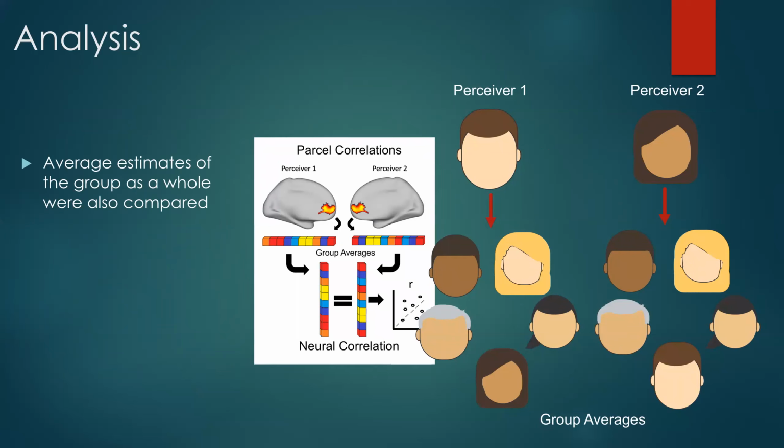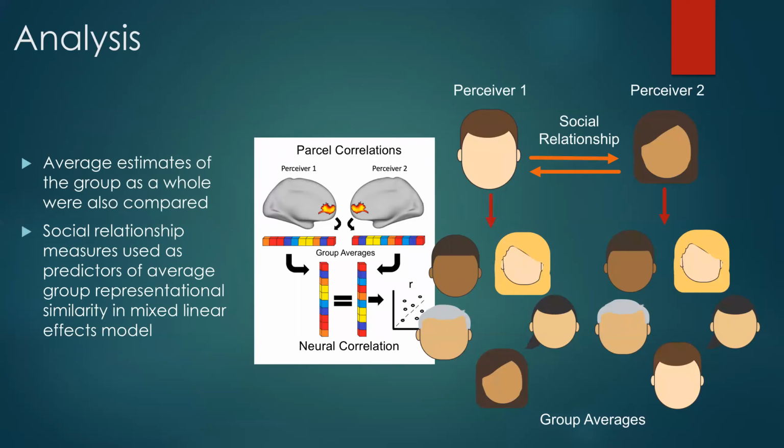And we were comparing those group averages between perceivers and seeing whether or not the representation they had of their group as a whole was somehow similar. And again, we wanted to know whether or not the strength of their social relationship was somehow predictive of the degree of similarity between those representations using this mixed linear effects model.